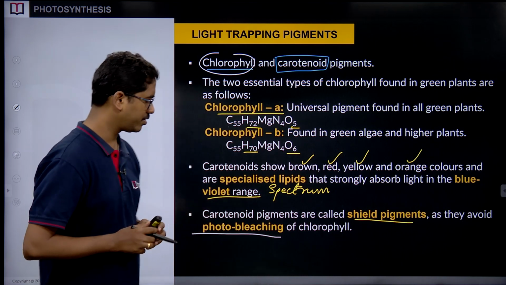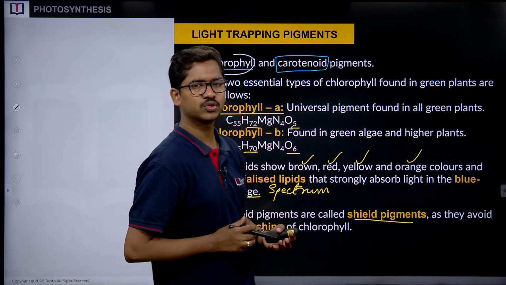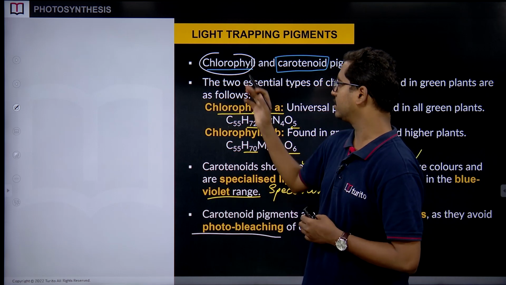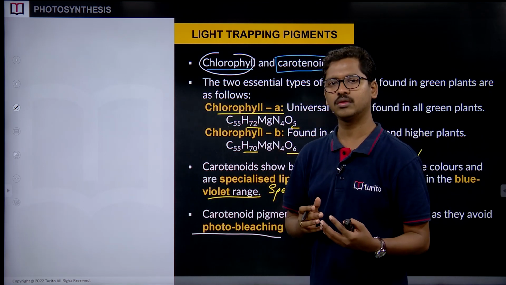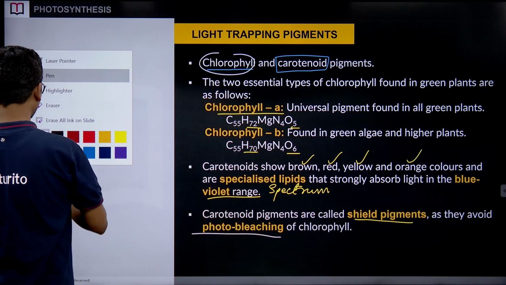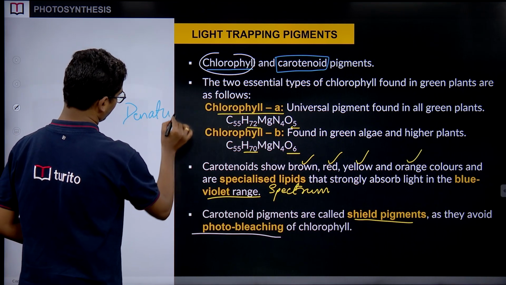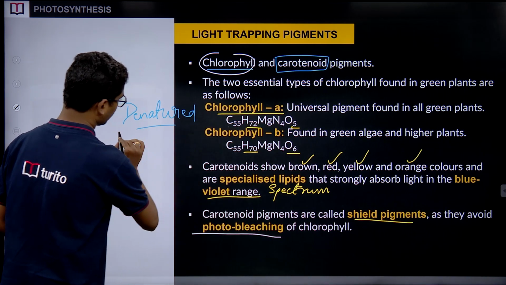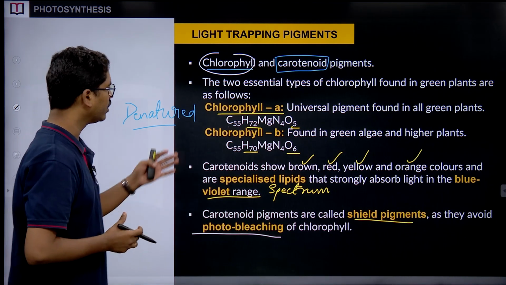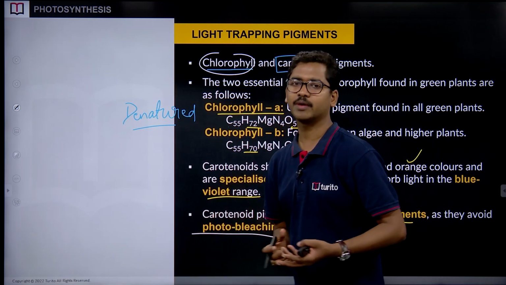You cannot expect all the light trapping function to be done by the chlorophyll, because if it is doing all such functions, it will be denatured. That means the chlorophylls present in the plant might lose their nature, and if they lose their nature, then they cannot trap the light.